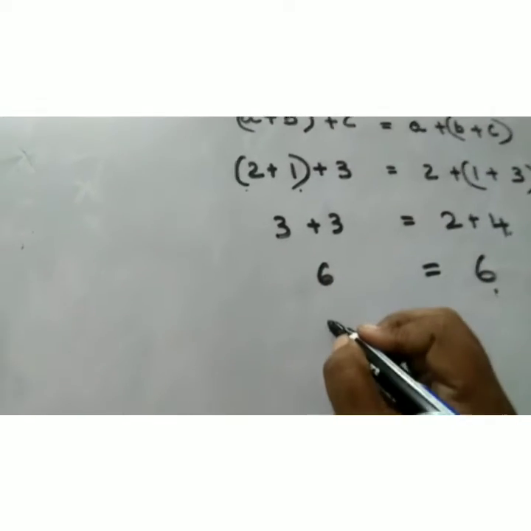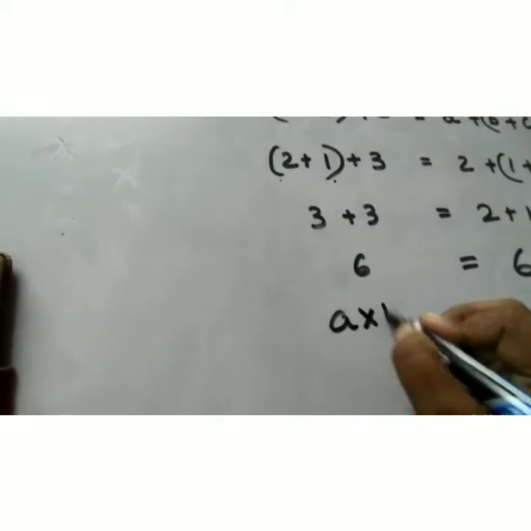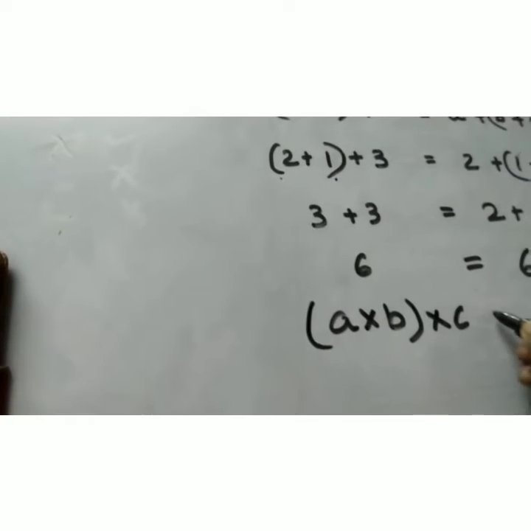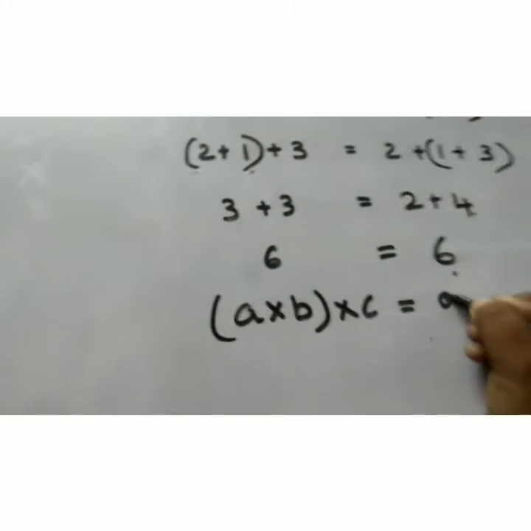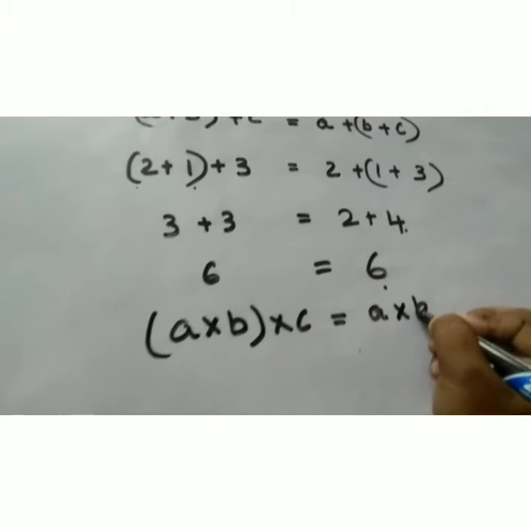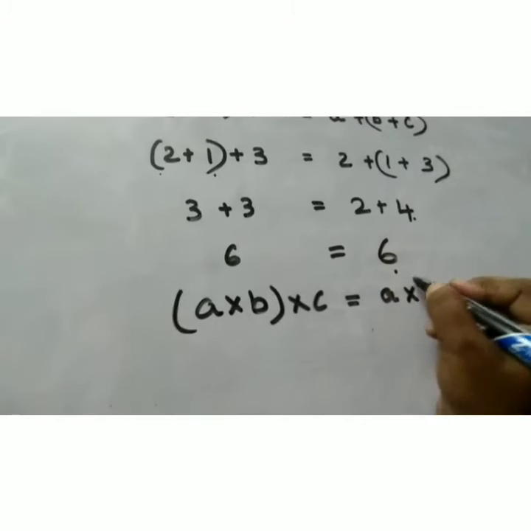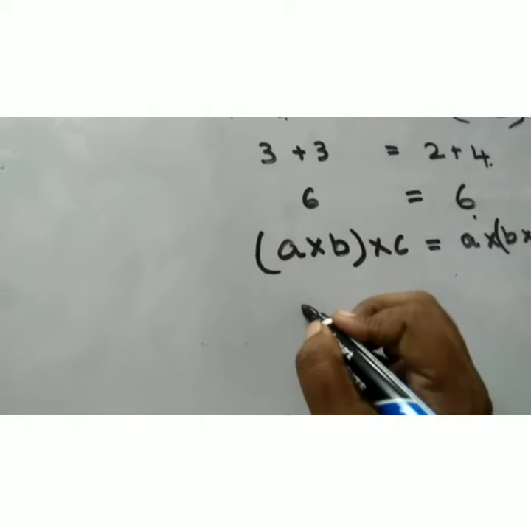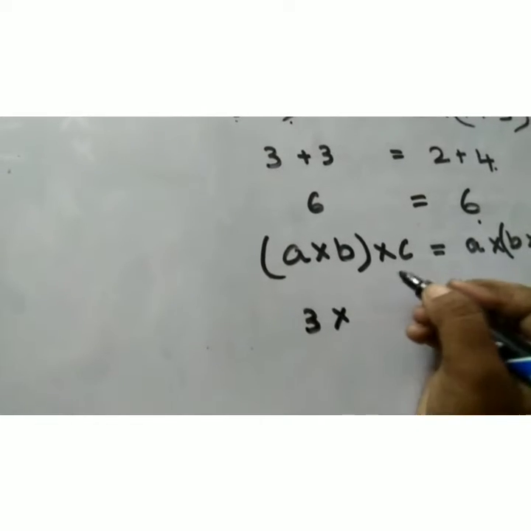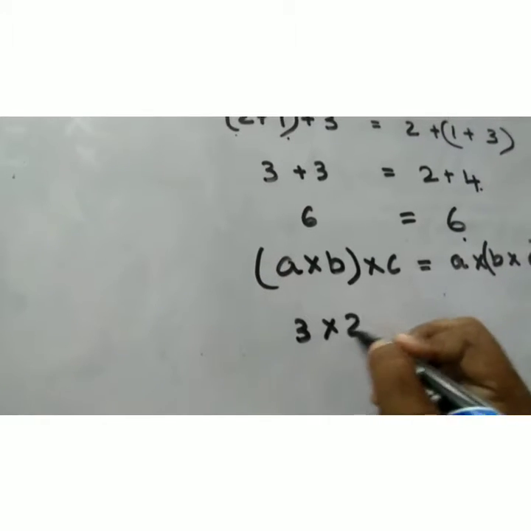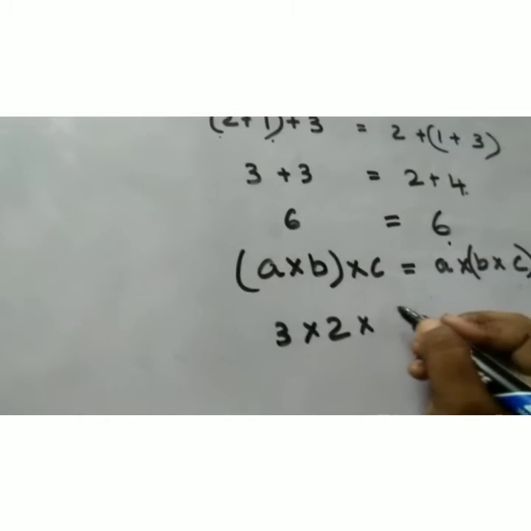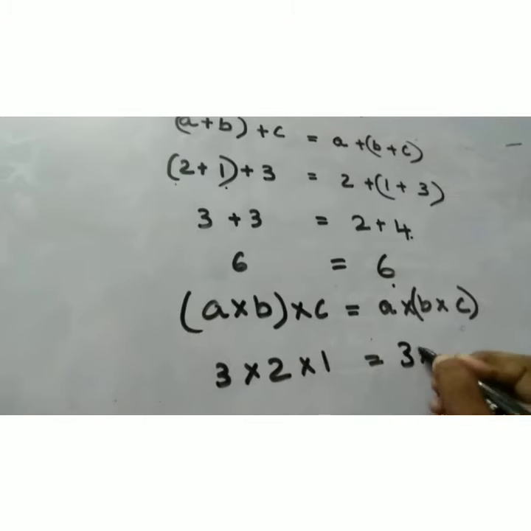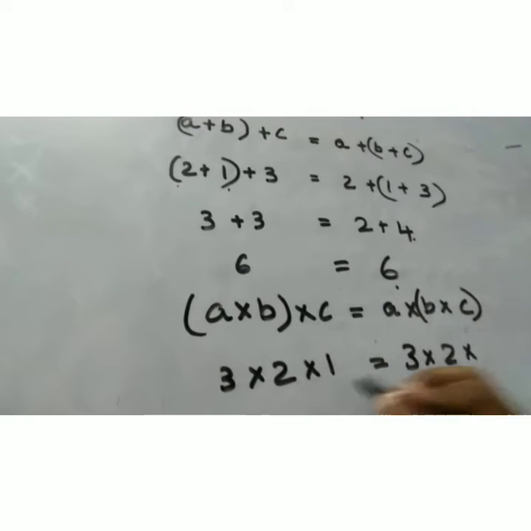Okay, then multiplication. A into B into C is equal to A into B into C. Pair this one. Then A is 3 and B is 2, C is 1.